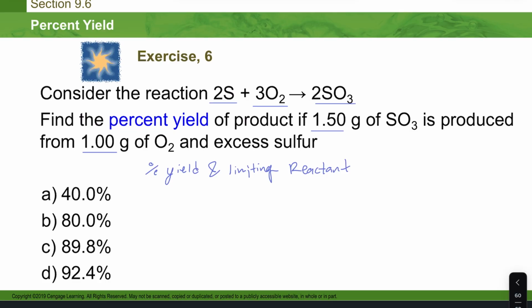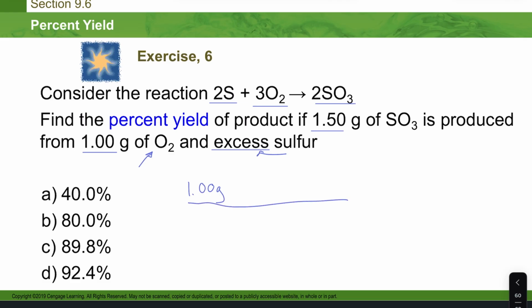However, it's a good sign that you won't have to deal with that if the word excess is applied to one of your reactants. So instead, we can just focus on the O2. Since we know we have an excess of sulfur, we don't care about the limiting reactant. Our O2 is going to be our limiting reactant. So this is how we will do this. We'll start with 1.00 grams, and first we need to find what our theoretical is.